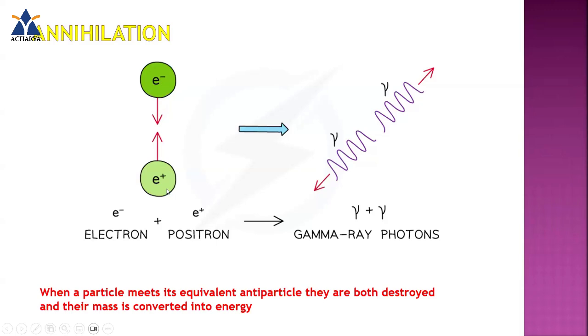The electron and the positron disappear and form energy, emitted as 2 gamma photons. That process is called the annihilation process. When a particle meets its equivalent antiparticle, they are both destroyed, their mass is converted into energy, and this concept is called annihilation. This annihilation process happens within the body after the injection of the radiotracer.